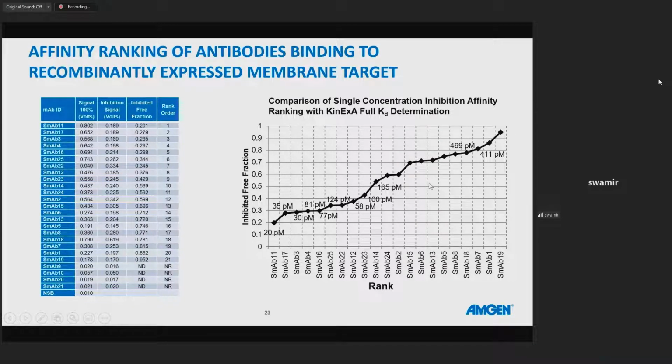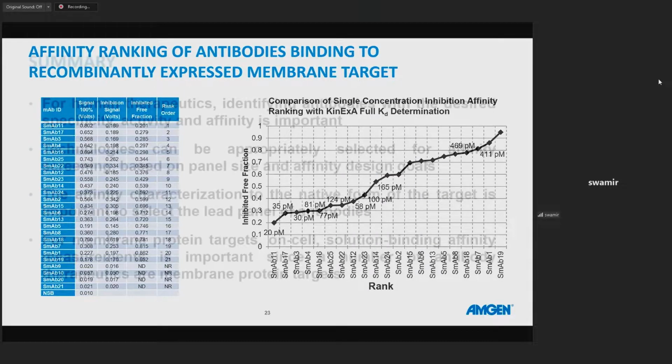So this single concentration inhibition method does work for ranking a panel of antibodies in a little bit high throughput way in KinExA.